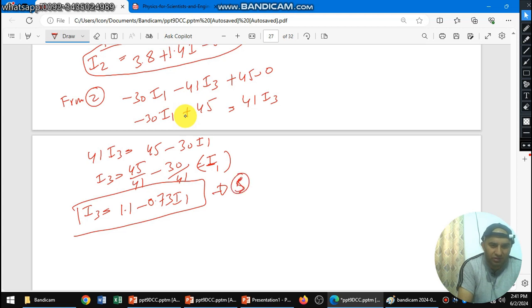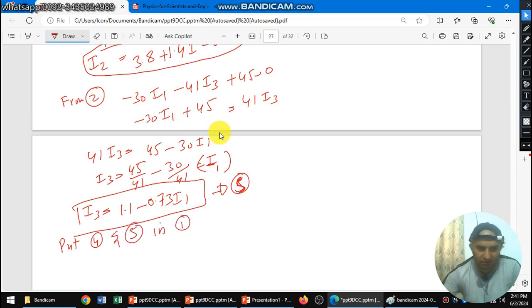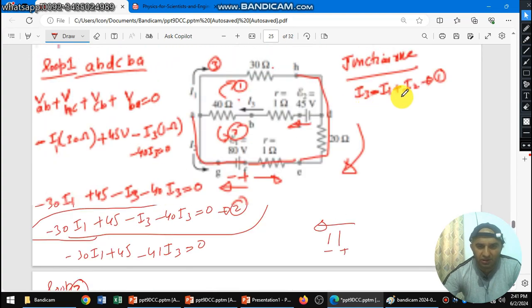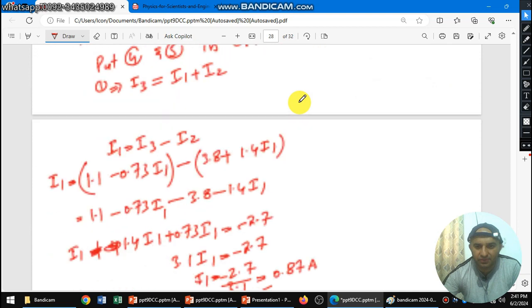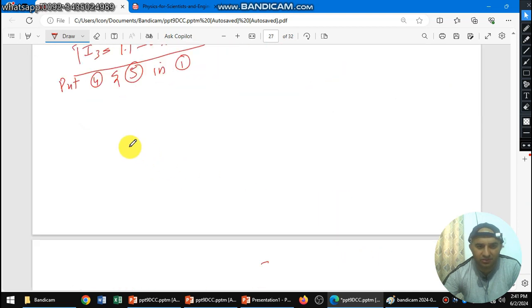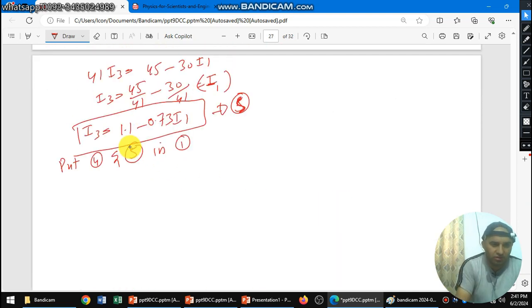Now put equation 4 and equation 5 in equation 1. Equation 1 is I3 is equal to I1 plus I2. So we rearrange this equation: I1 is equal to I3 minus I2.